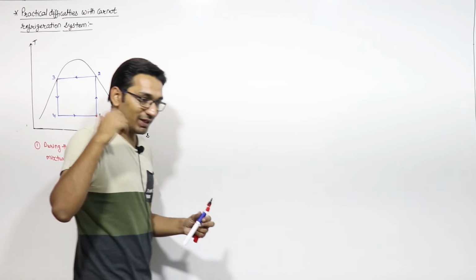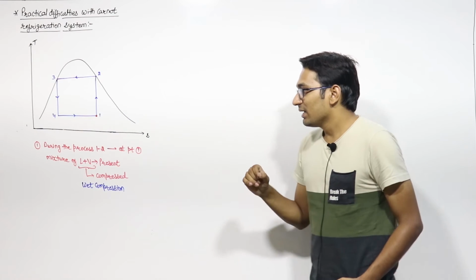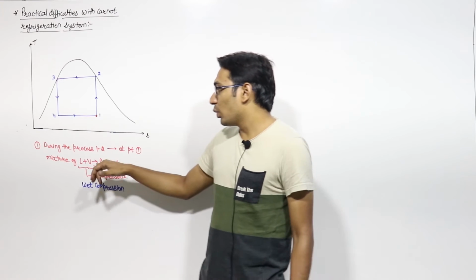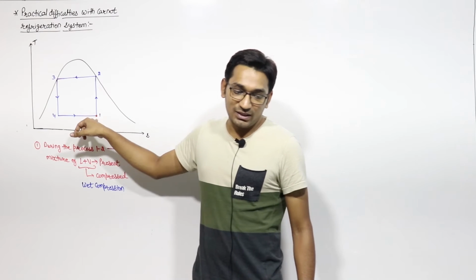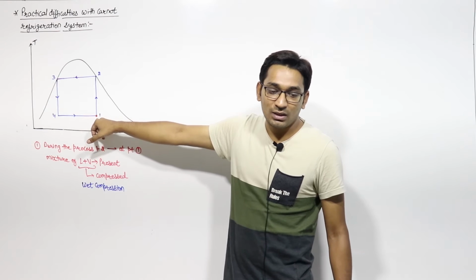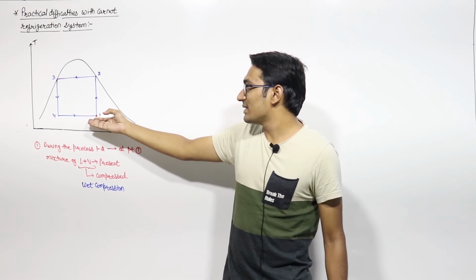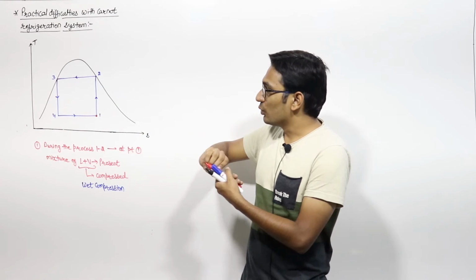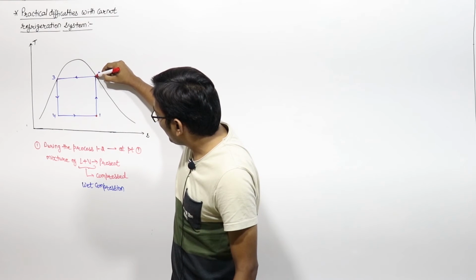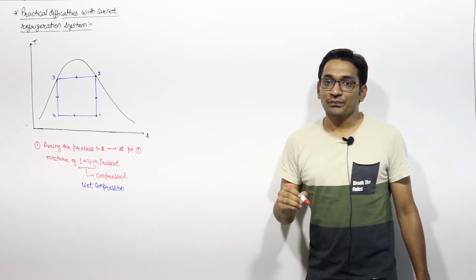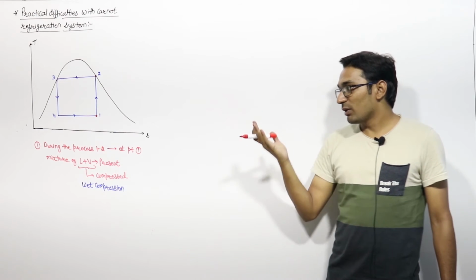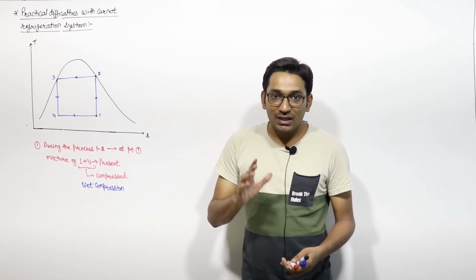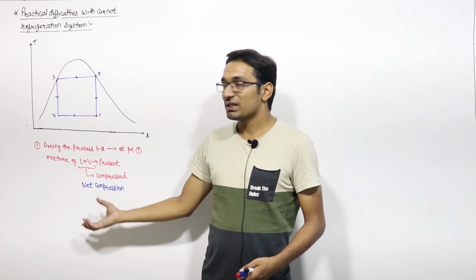We will discuss why this is a difficulty: the compressor is dealing with both liquid and vapor simultaneously. Here the mixture is liquid plus vapor, so the compressor has to compress this mixture, and at the end, at point 2, we have saturated vapor. The compressor will face difficulty under this wet compression.